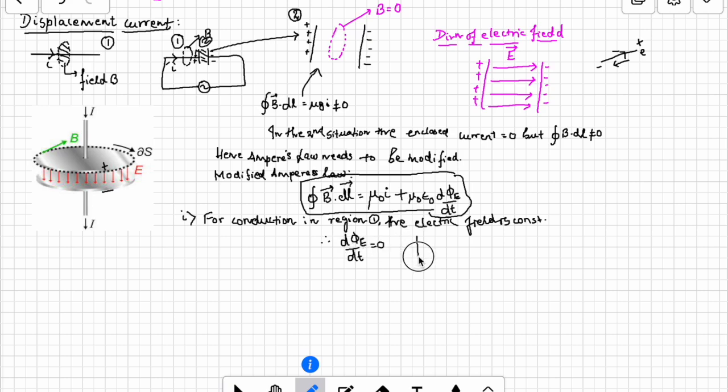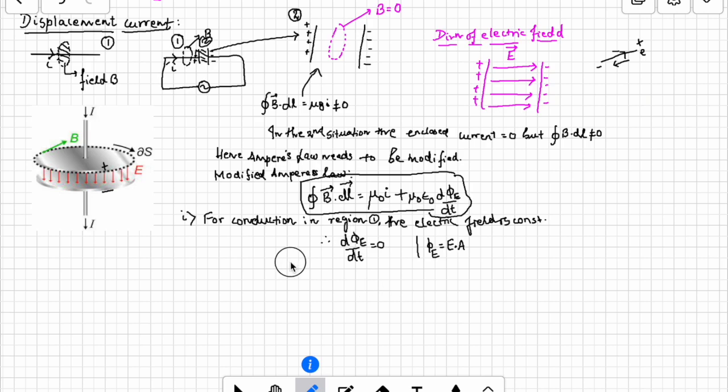Because we have seen in the last class and obviously you know it as well, the flux is equal to nothing but E dot A. But area is constant. E is the electric field and I am saying that the electric field is constant in this region where there is no capacitor. So that means d phi E dt is equal to 0. So that is the first scenario.